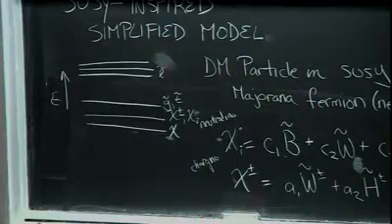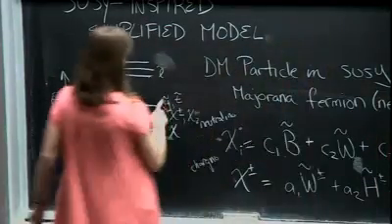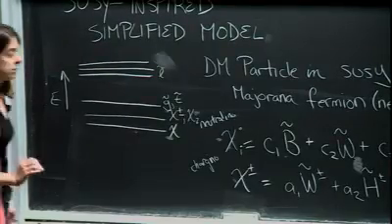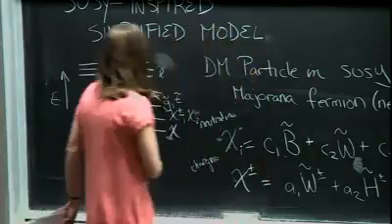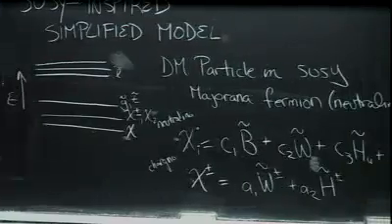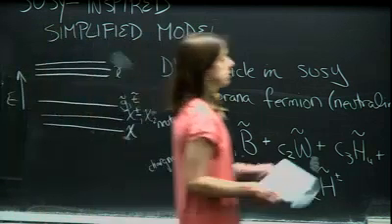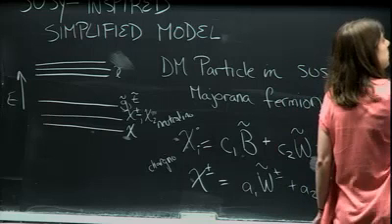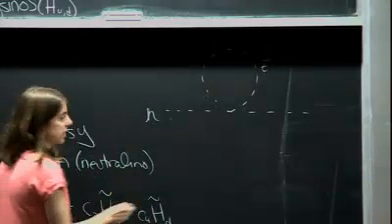In addition, these kinds of models where I've pulled down the gluino and the stop are motivated for naturalness reasons. And that's because if we want SUSY to be able to explain why the Higgs is the mass that it is, the gluino and the stop shouldn't be too heavy. The reason for that is that they give loop corrections to the Higgs mass. So the stop gives this correction to the Higgs mass.